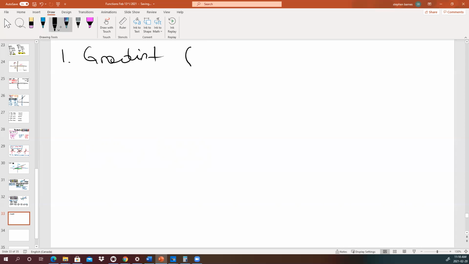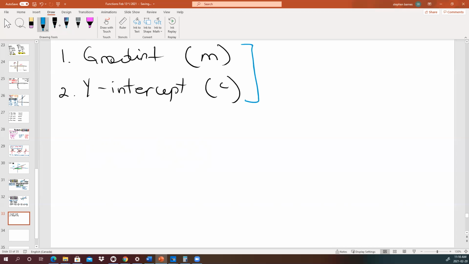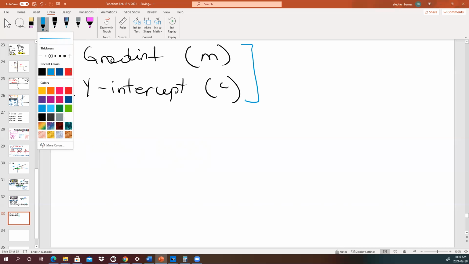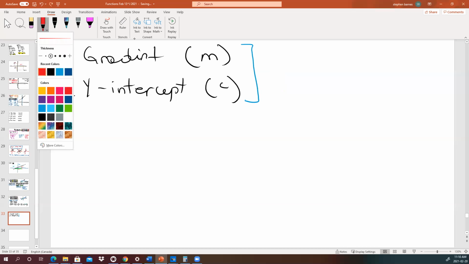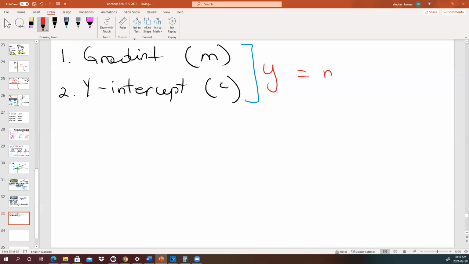Which on the equation of the line is referred to as M. We've done the y-intercept, which in the equation of the line is C. So I'm just going to write the equation of the line, which is y equals mx plus c.